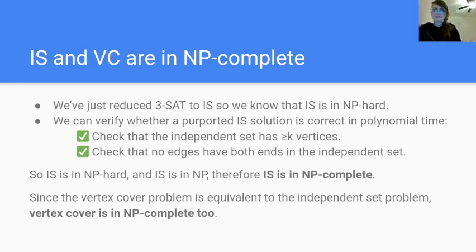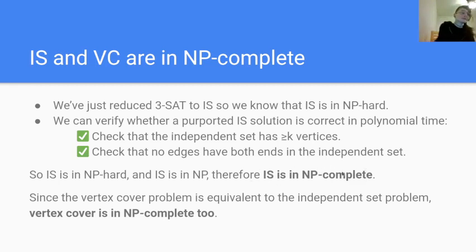So this is a polynomial time reduction, so we know it's NP-hard. And the independent set problem itself is verifiable in polynomial time, so it's in NP. And these two conditions together, by definition, say that independent set is NP-complete.